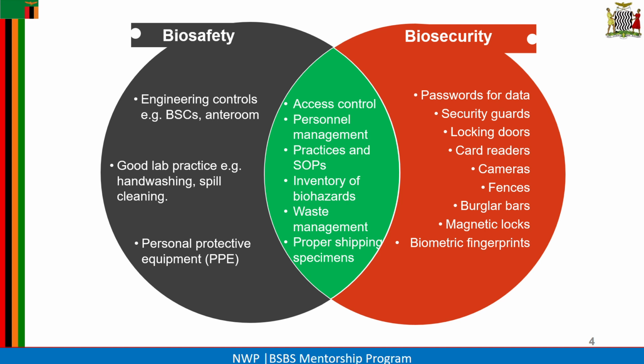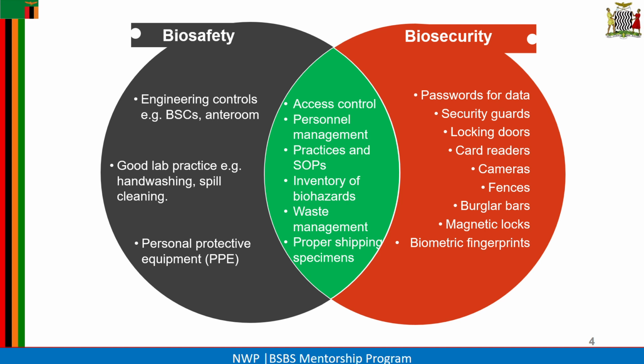So examples of measures that are both biosafety as well as biosecurity, we have access control. So if you have access control in your laboratories, for example, you have your passwords, or you have the fingerprint biometric lock systems, what you're trying to do there is you're preventing people from walking into the laboratory and getting the biological agents that you have in your laboratory.